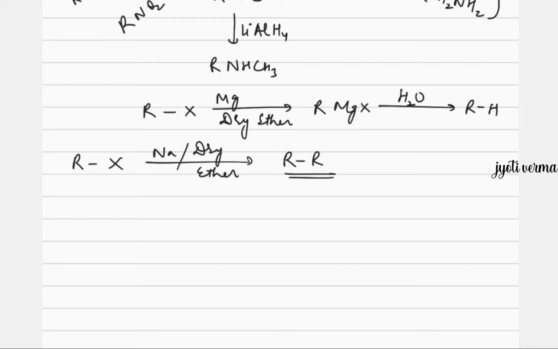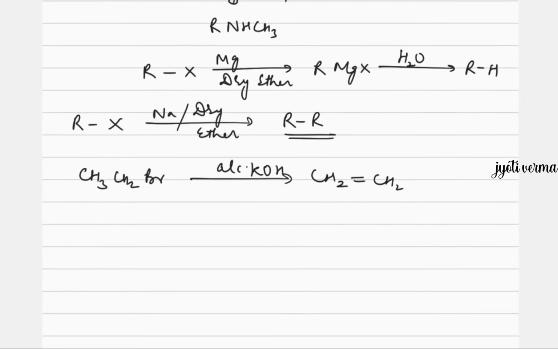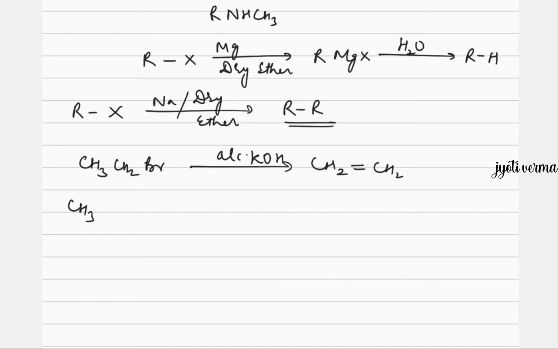We should know about the elimination reaction also, like CH3CH2Br. If we do its reaction with alcoholic KOH, we will get CH2=CH2, a beta elimination. Or say we have CH3CHBrCH2CH3. If we do its reaction with alcoholic KOH, there are two possibilities of getting the product.